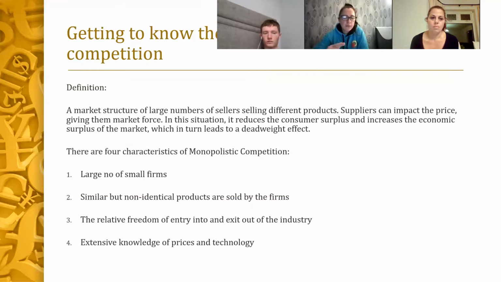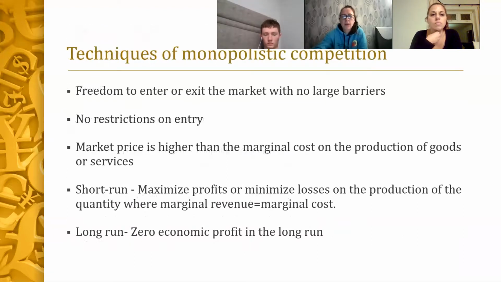There are four characteristics of monopolistic competition: a large number of small firms, similar but non-identical products sold by the firms, relative freedom of entry into and exit out of the industry, and extensive knowledge of prices and technology. Monopolistically competitive markets are called this because there is freedom to enter or exit the market with no large barriers.